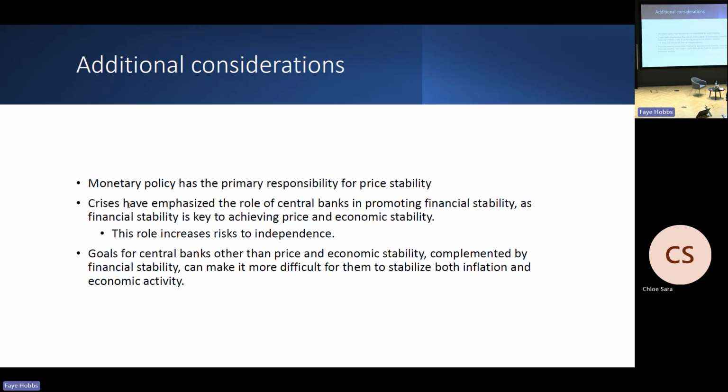And then finally, what we talk about in much of our work on the expansion of central bank activities in the last quarter century is that goals for central banks other than price and economic stability, complemented with financial stability, may make it more difficult for them to stabilize both inflation and economic activity for several reasons. One is a lot of goals to keep in your head. It's harder to keep all of them in your head. And the second is a lot of external pressure to achieve those goals can make it difficult to act to achieve any one of them.